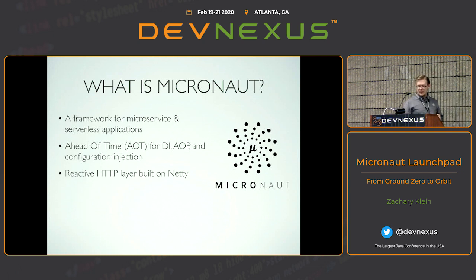So what makes Micronaut special? We're going to talk about a number of features of the framework. And then we're going to try to get, like I said earlier, a survey of the ecosystem. There's a lot of stuff out there already, a lot of integrations, a lot of libraries that are based on Micronaut or that make use of it. And we're going to try to show as much of that as possible in the next 45 minutes or so.